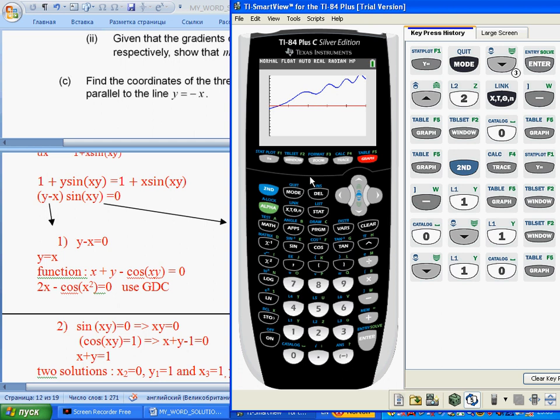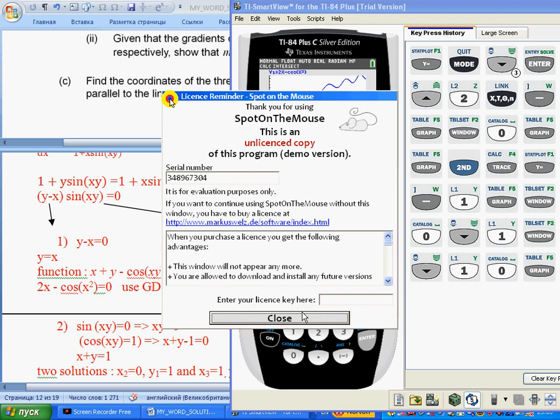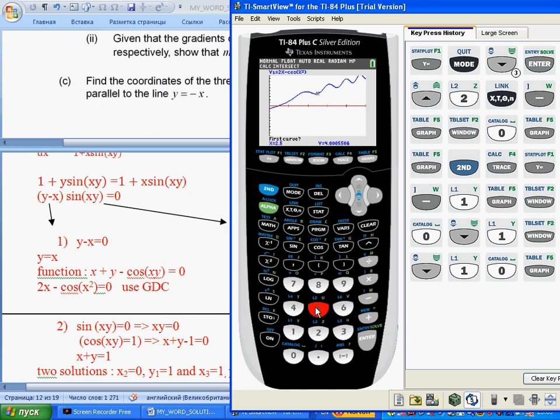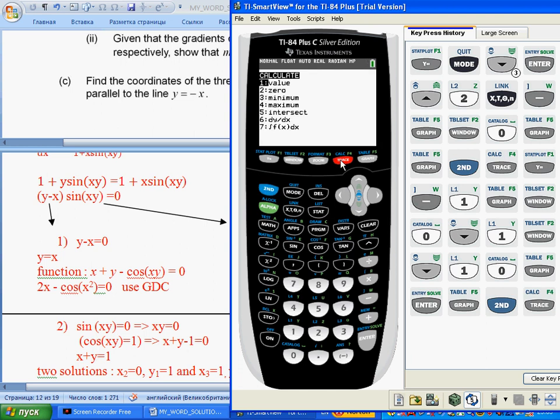Right, so we are going to use here intersect, or zeros, intersect. Intersect is 5, and we need the left boundary, which will be, for example, 0. Oops, what happened? Second intersect, 0, okay, 0.